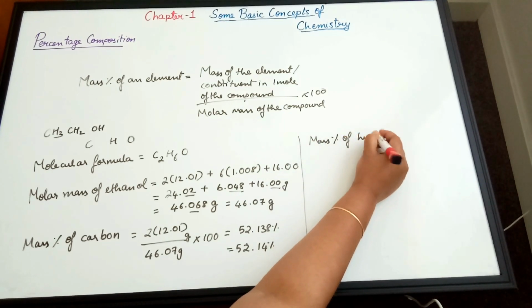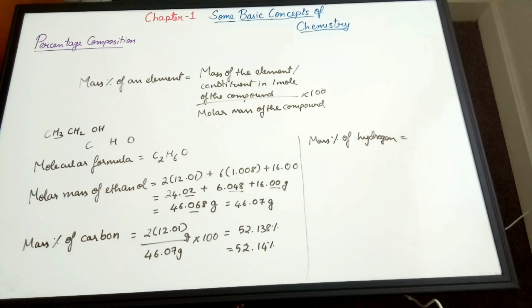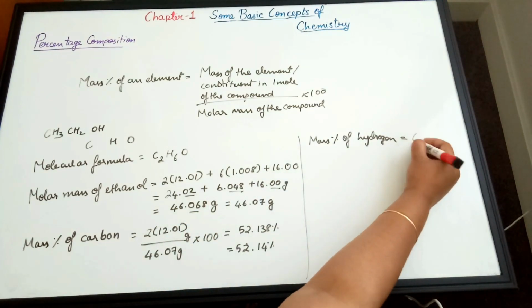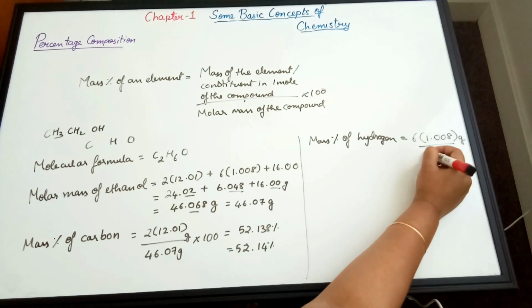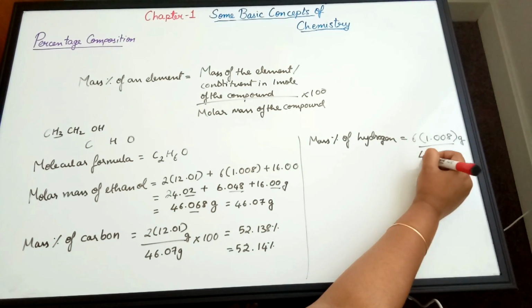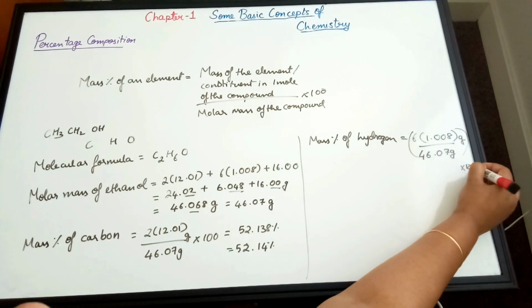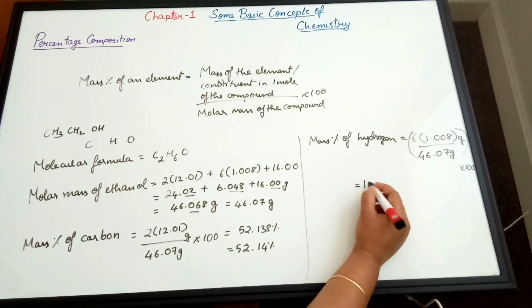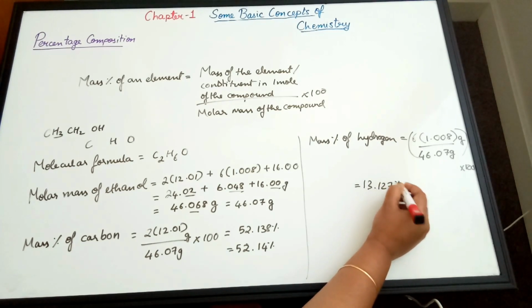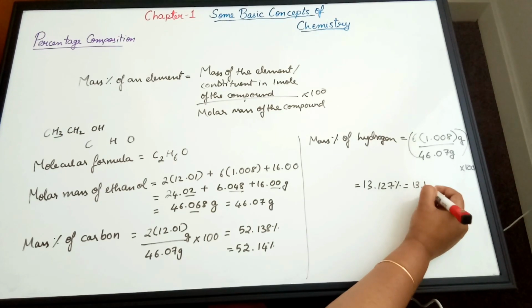So here again, mass percentage of hydrogen. Okay, so the mass percentage of hydrogen will give us the value. What you need to take is 6 into 1.008 grams divided by 46.07 grams, this whole into 100, and when you simplify that you get 13.127%, and since we are getting it to 2 decimal points, it will be rounded off to 13.13%.